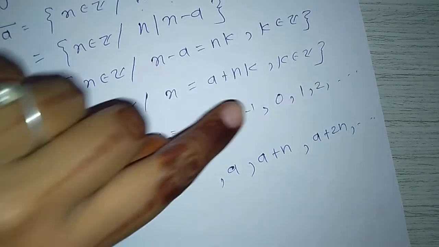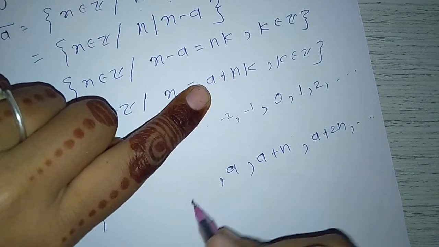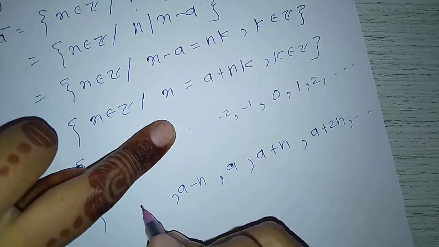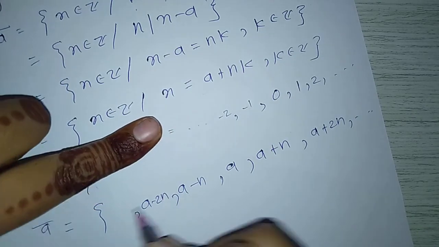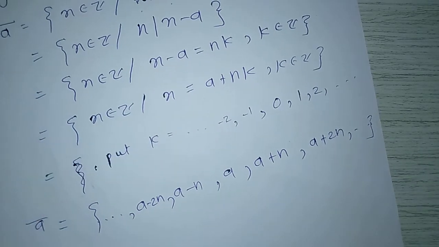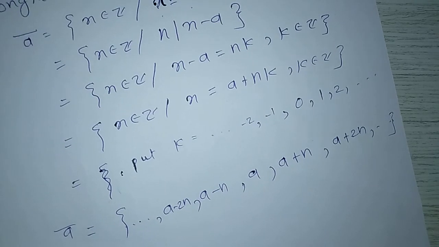If we put k equal to minus 1 we get a minus n, k equal to minus 2, a minus 2n and so on. This is the set a bar, the congruence class. Next example.